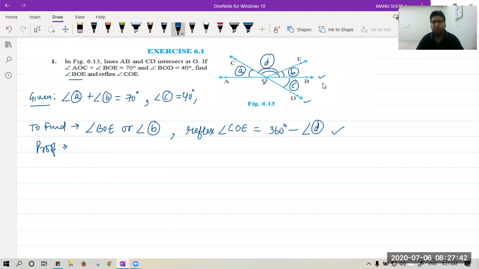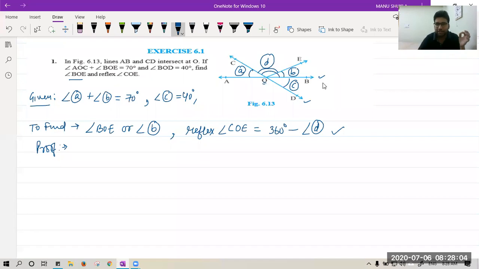Let's start. First thing we can say is, again we have to understand what we can do with the given question. How I can form the equations. Some or the other way we have to find the angle. To find the angle, we have to understand what property we can use. We can use linear pair of angles easily.